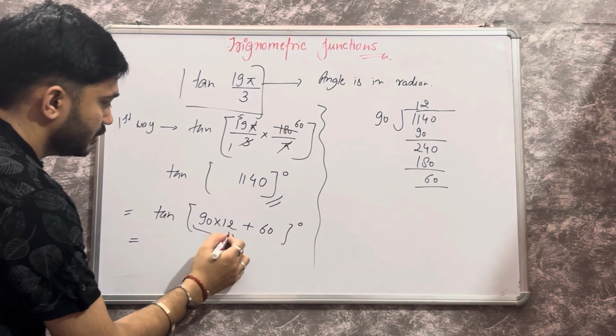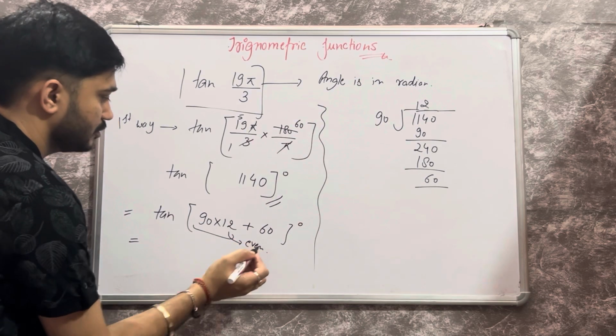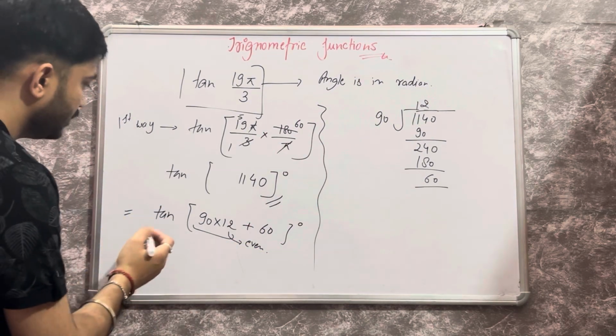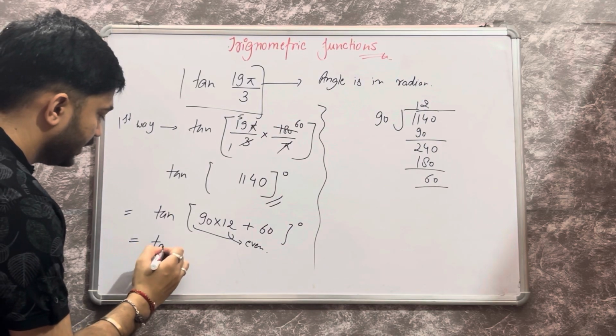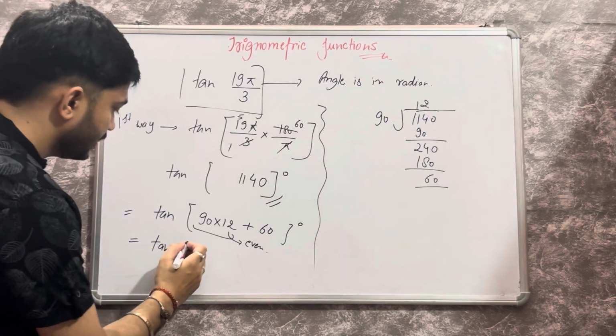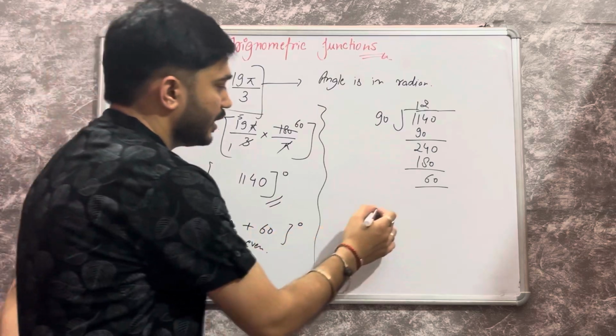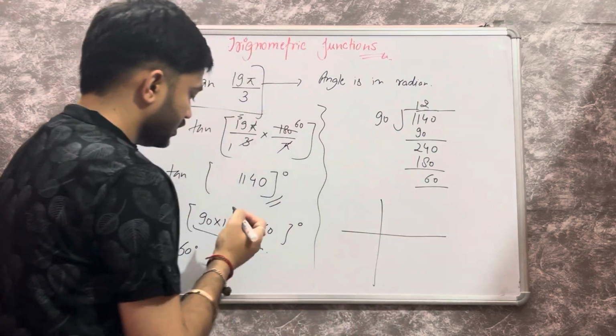This number 12 is even, so we write tan as it is, with 60 degrees, and locate the position of the angle.